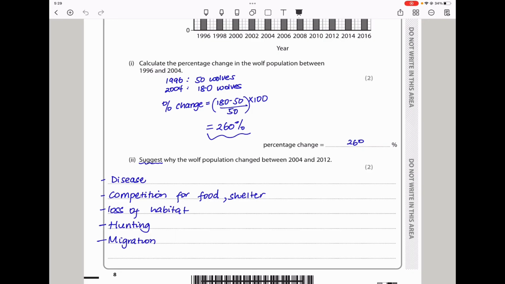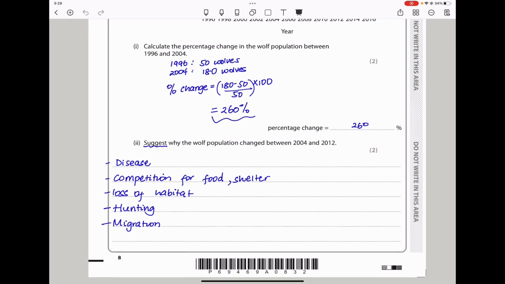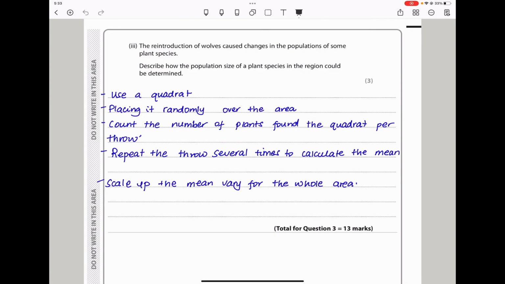It could be due to hunting. Remember previously they were hunted to extinction. So there is a possibility that they're being hunted again, or that some of them migrated to other regions. Because this is a 2-mark question, 2 of these would earn you the marks you're looking for.